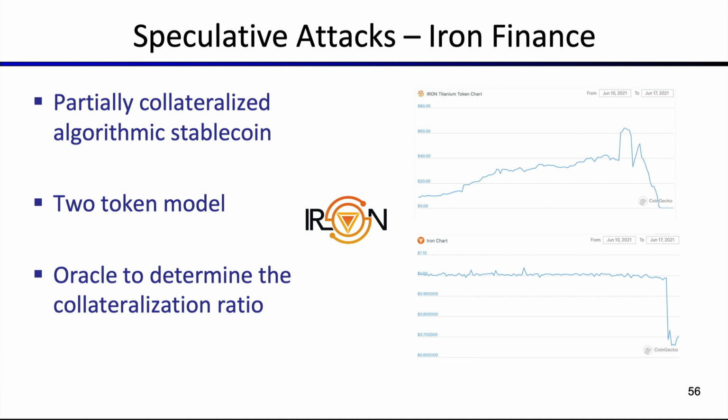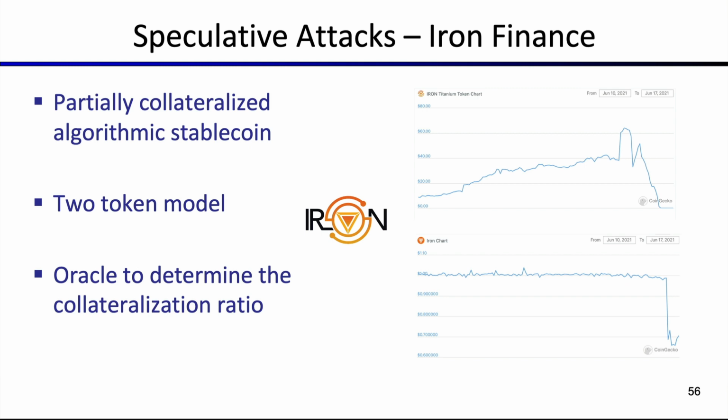So the way that Iron Finance operates is that if the stablecoin Iron is worth less than $1, then anyone can redeem it for $1 worth of the USDC Titan combination.